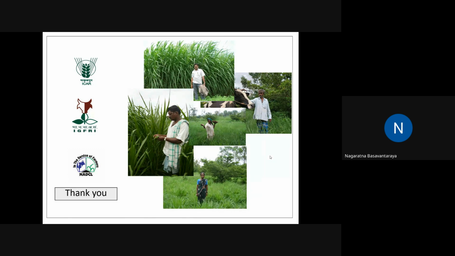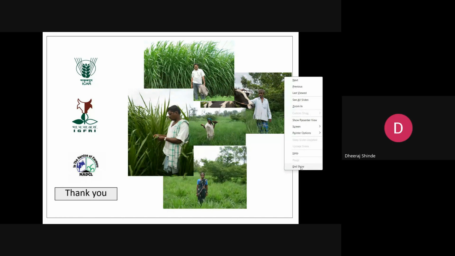I just forgot to mention it. This technology resulted in a very good spread from farmer to farmer as well as village to village. The reason is that farmers were able to share the planting material with other farmers, apart from sharing the information.